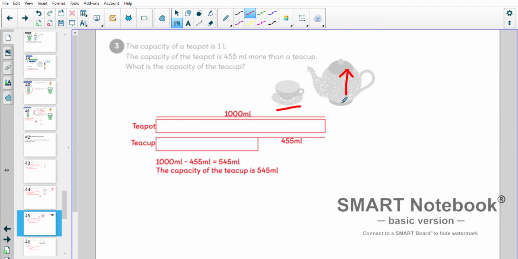So we know that this is 1 litre or 1,000 millilitres. We know that it's 455 millilitres more than. So to work out the teacup, we need to take the largest one, subtract the smaller one to get our teacup. So it's take away, it's minus, it's subtraction, and we get 545 millilitres as the answer.